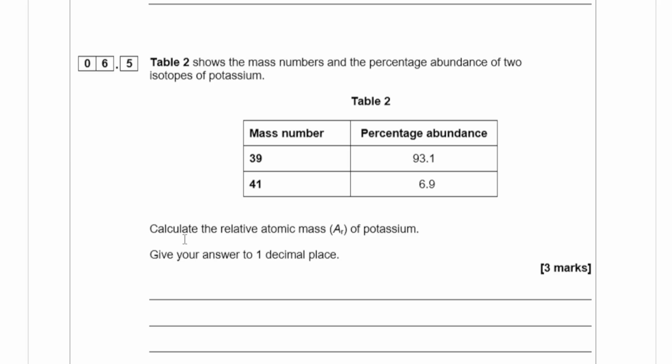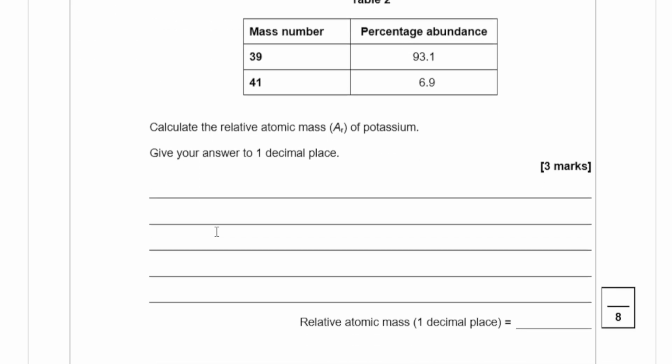Table 2 shows the mass numbers and the percentage abundance of two isotopes of potassium. We got mass number 39, 93.1, 41, 6.1. Calculate the relative atomic mass of potassium. Give your answer to one decimal place. So to do this, you need to just multiply the mass number, which is 39, multiplied by the percentage, 93.1.